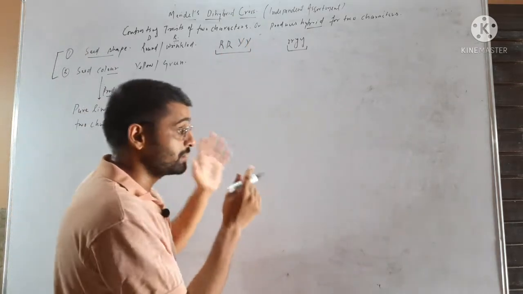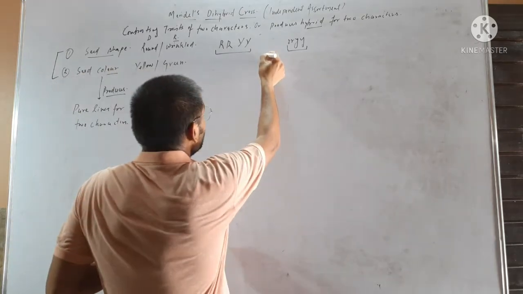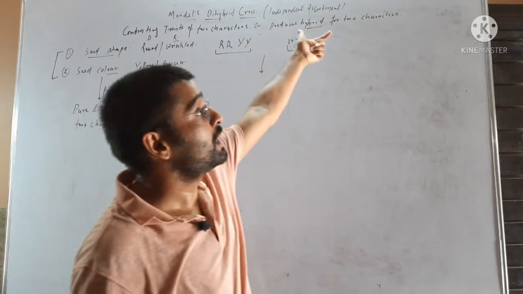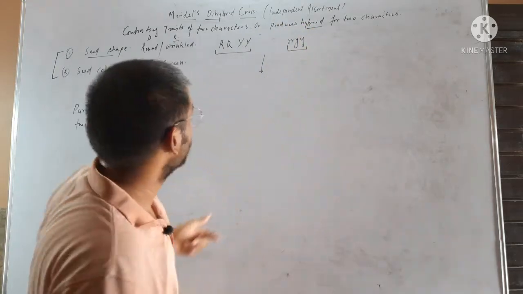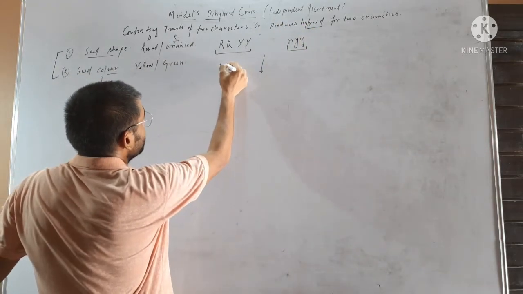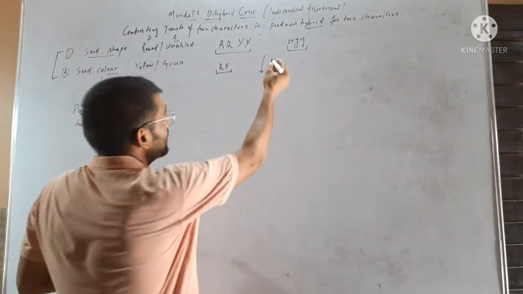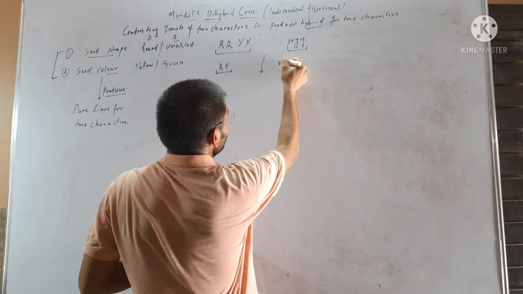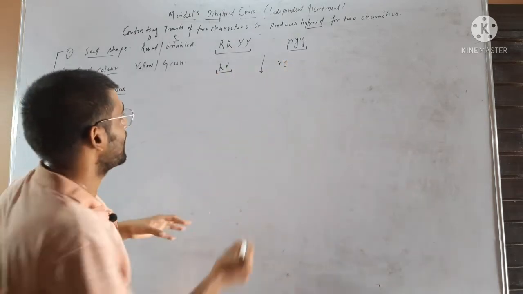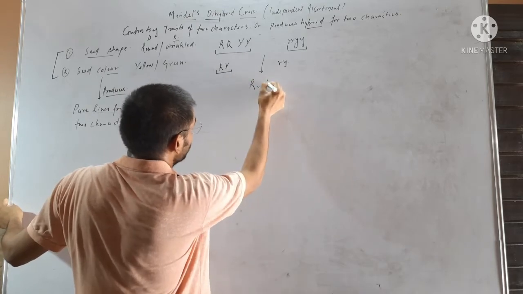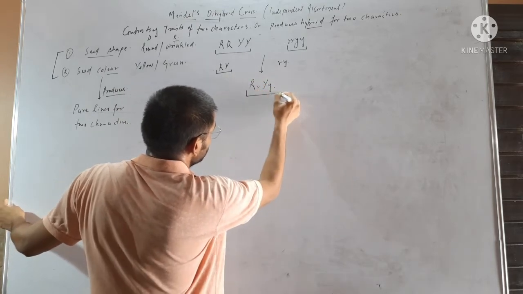After producing the pure lines, he crossed the homozygous dominant pure line with the homozygous recessive pure line. From there all gametes will be capital R, capital Y, and from here all gametes will be small r, small y. After fusion during fertilization there will be capital R from there, small r from there, capital Y from there, small y from there.